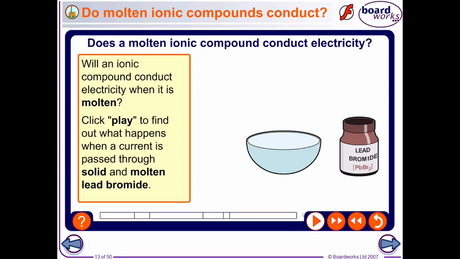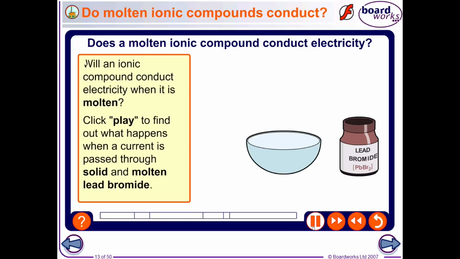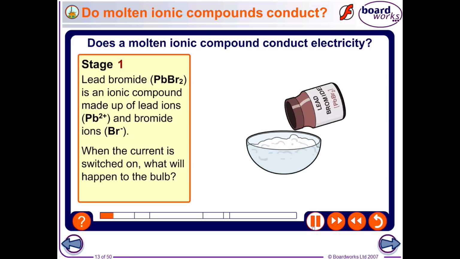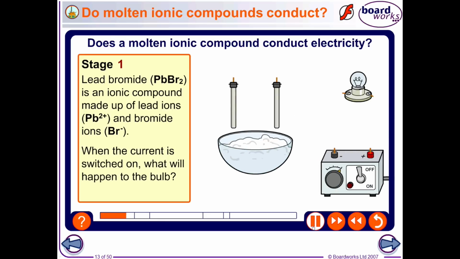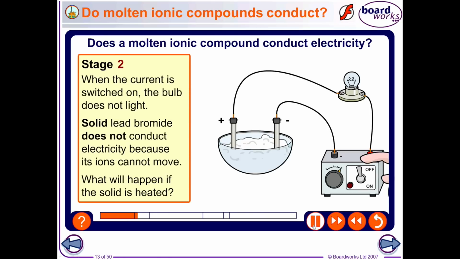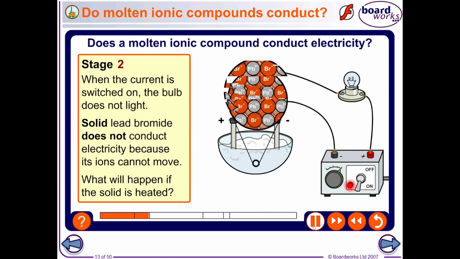Now, we're going to take a look at some of the properties of ionic substances, starting with lead bromide. Now this is ionic, and we're going to check the conductivity and see if it conducts electricity in the solid state. So what we do is we take the solid and we place electrodes in it, and we turn on the electricity, and what will happen is the bulb doesn't light up.